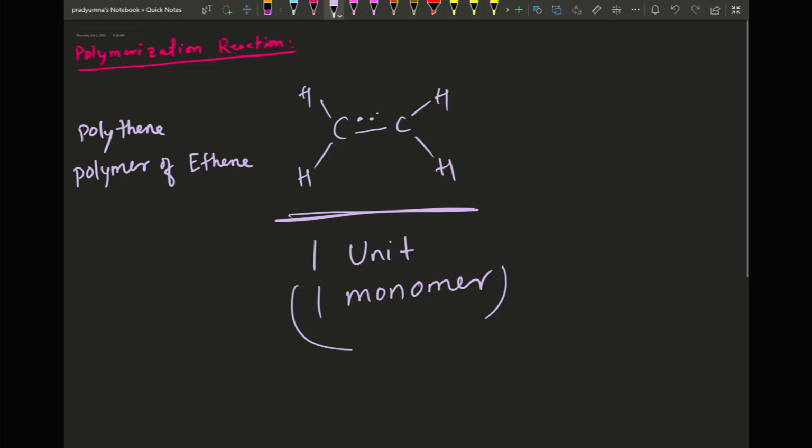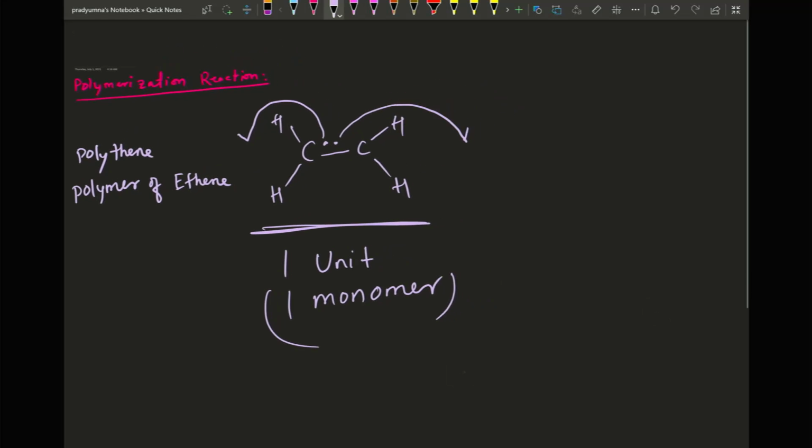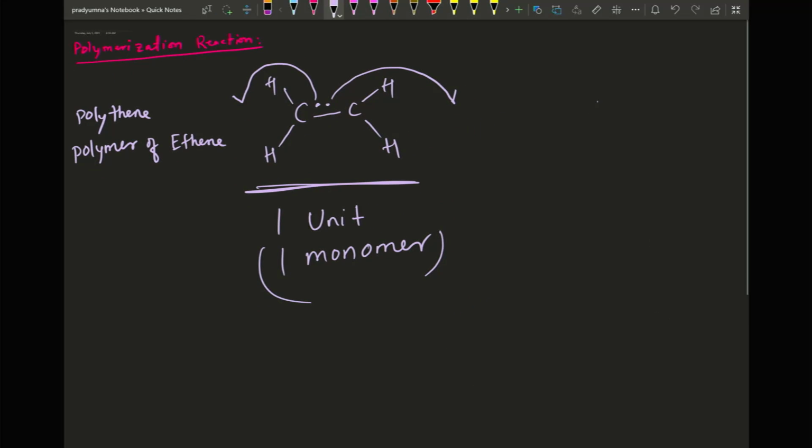Now one electron can move to this side, the other electron can move to this side. So what would happen if there is another ethene molecule right there, and it also has those extra two electrons?